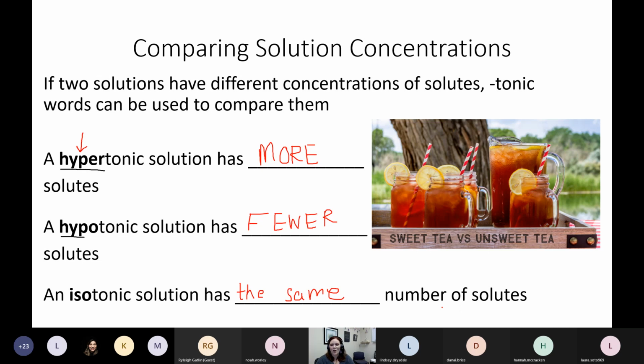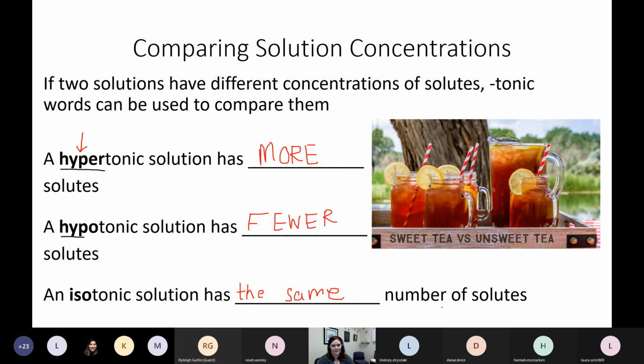So when we talk about these two types of tea, we don't have the same concentration of sugar in them, right? That's what makes them different from each other. Not a trick question, I promise. Is it sweet tea or unsweetened tea that has more sugar?